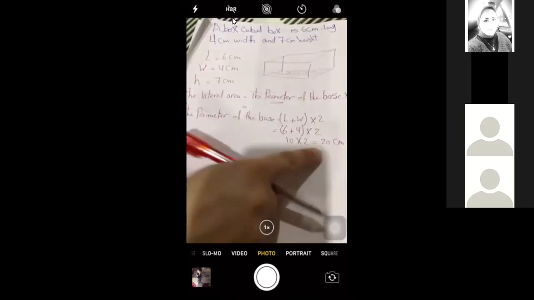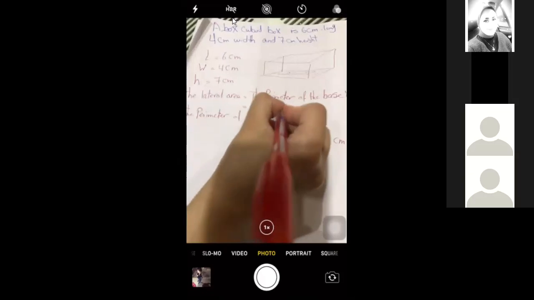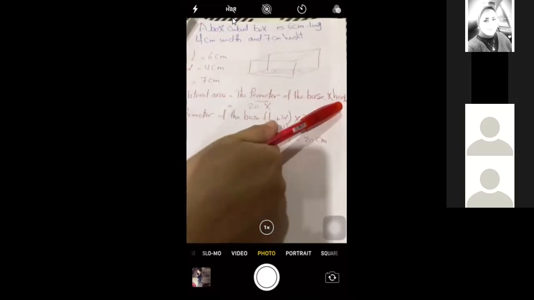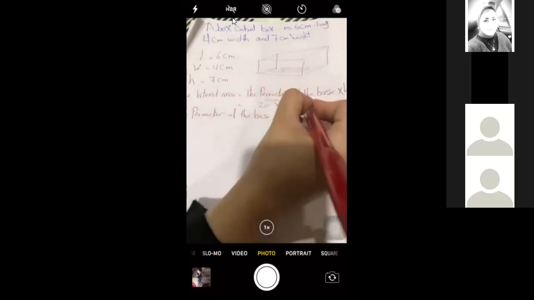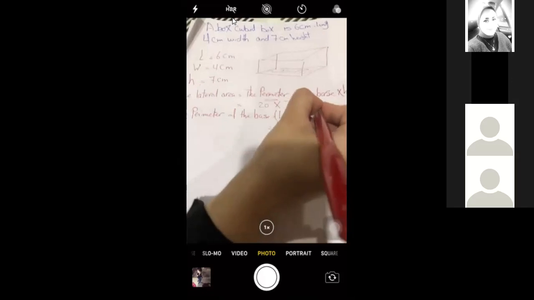The lateral area equals the perimeter, 20, multiply height, and the height is 7. So 20 multiply 7 equals 140 square centimeters. Any questions about the lateral area?